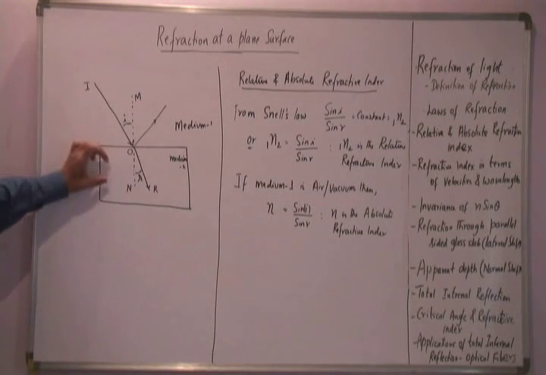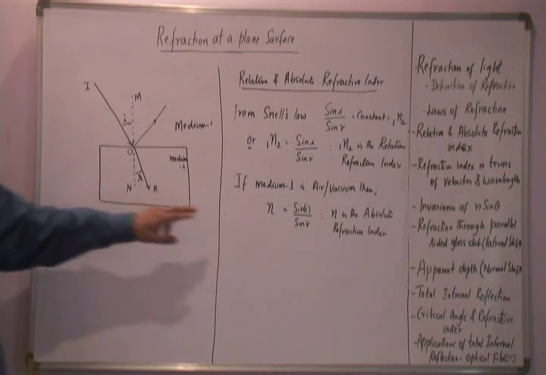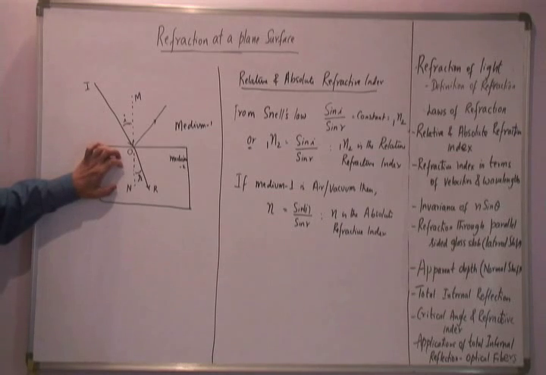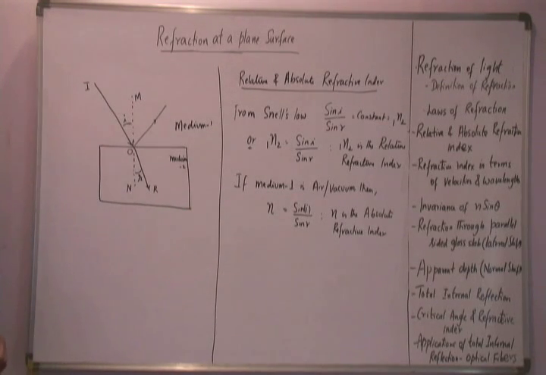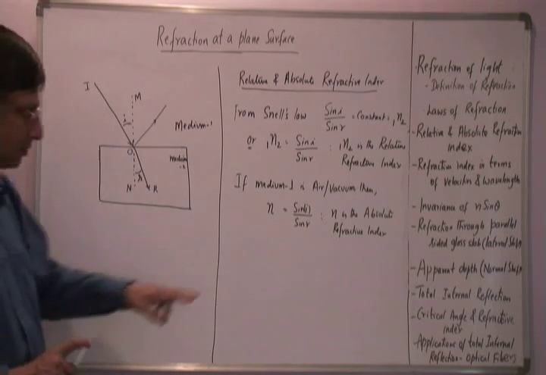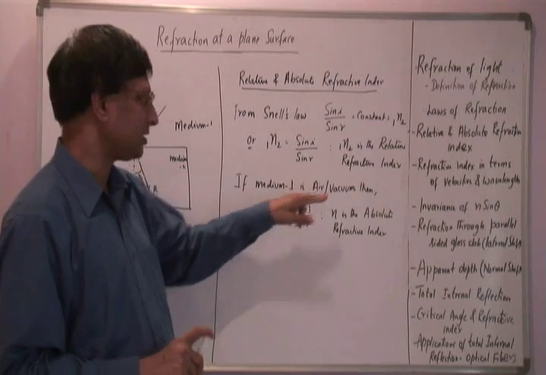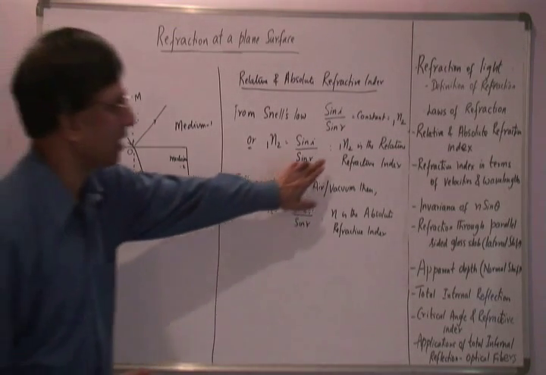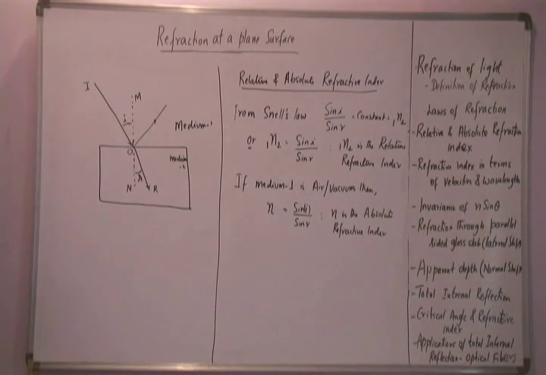So if I have air here, and if I have glass, and if I measure sin i by sin r, then the value that I get is the absolute refractive index of glass. That is what we mean by this. So the absolute refractive index is given by the ratio sin i by sin r, where medium 1 is air or vacuum. That is the difference between relative refractive index and absolute refractive index.